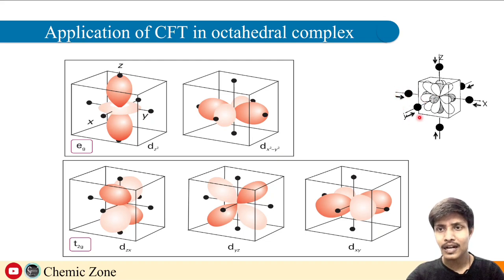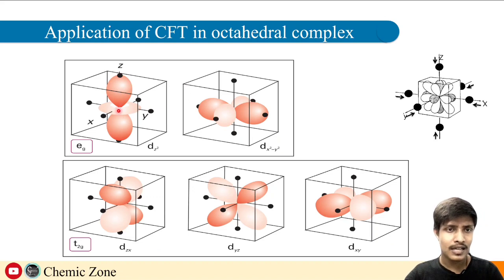As the ligands come close to the metal ion, it seems like they are coming spherically close to the metal ion. So all the orbitals feel repulsion equally, and they will increase their energy equally. But when the ligands are at the face centers, it is clearly seen that the ligands actually come in the axial positions.